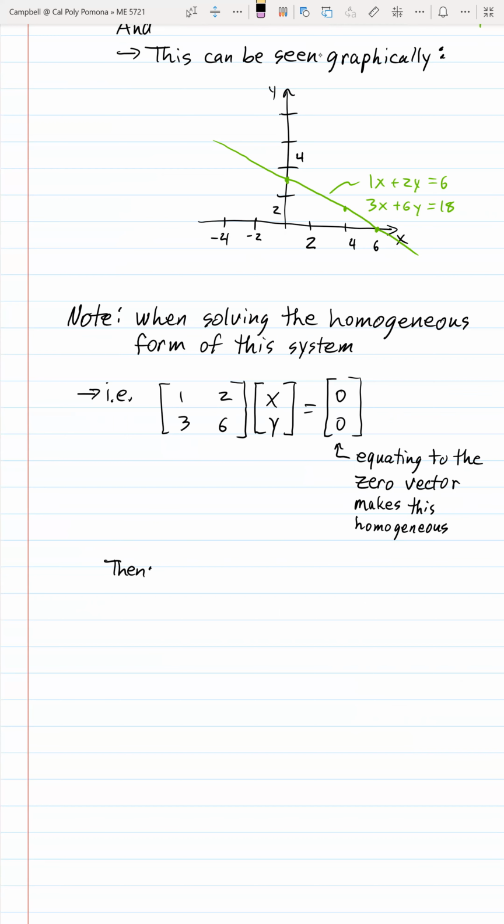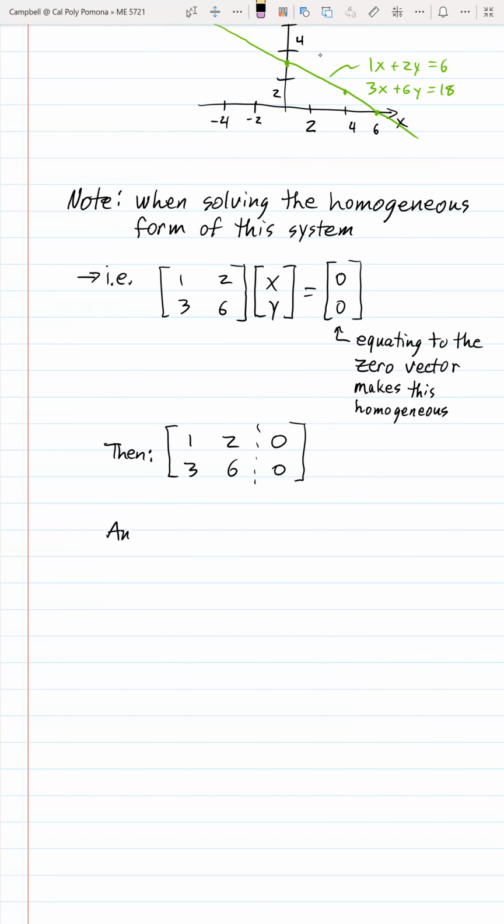For the augmented matrix, we have 1, 2, 3, 6, 0, 0. And we have 1, 2, 0, 0, 0, 0 in our row echelon form. So of course, we only have one row of non-zero values.